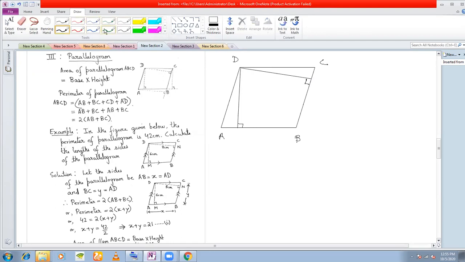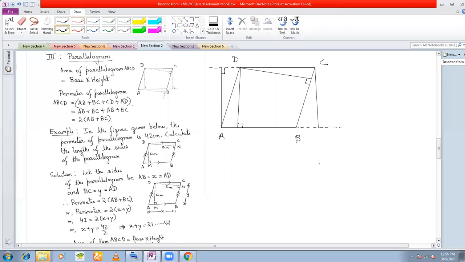Another height can be drawn by extending this side. And another height can be drawn from this vertex. Or if you extend this side, another height can be drawn from the vertex A.